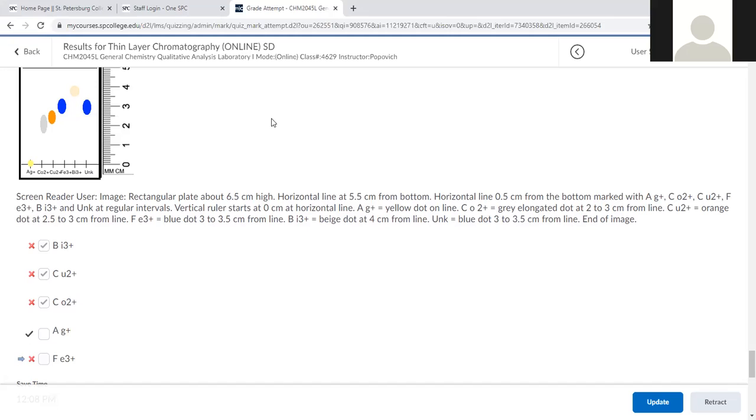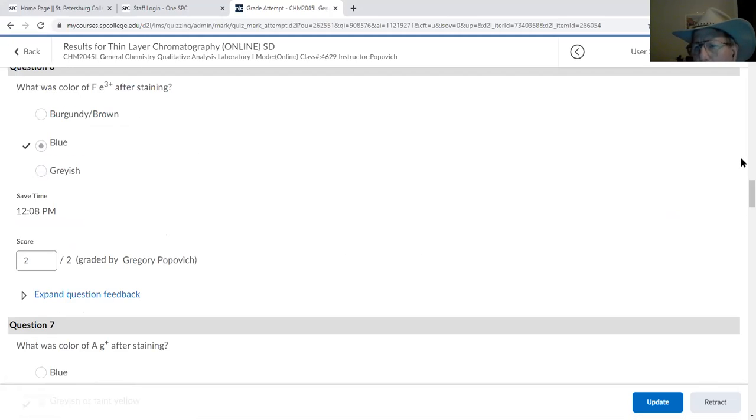So what you were supposed to see was one spot in the unknowns, and it seems to match iron because of the color and how far it went up the plate. So that should have been checked. These three should not have. That's why you got as many wrong as you did.